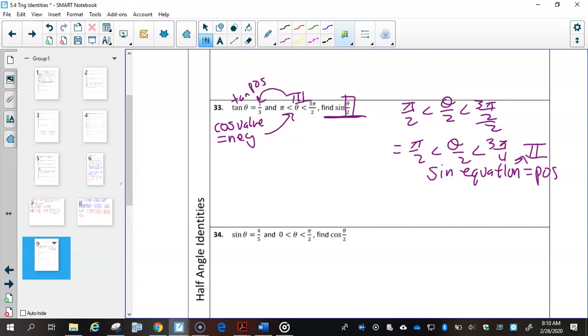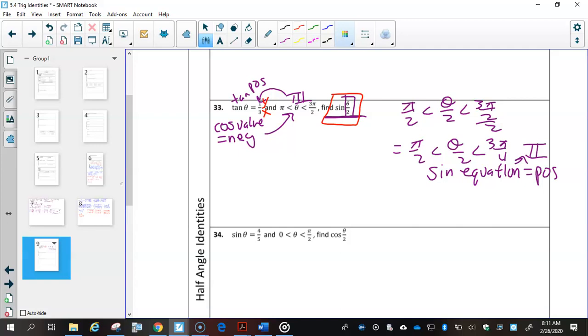The last thing we need to do before we put everything into the equation is find the exact value of cosine for the actual theta. When we were doing our double angle, we talked about our x, r, y definitions: this is y, this is x, and we need to find r.